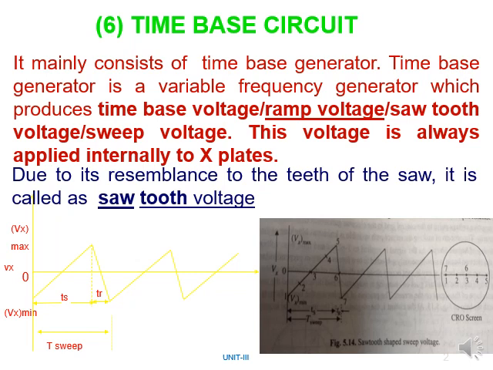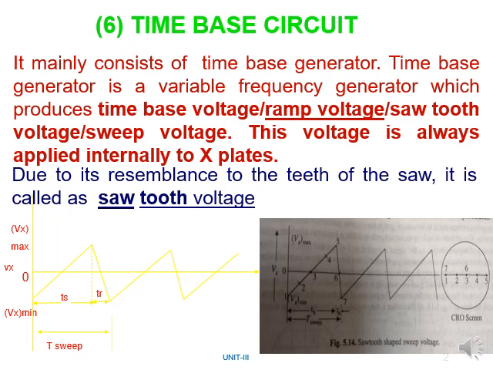Due to its resemblance to the teeth of a saw, it is known as sawtooth voltage. Its shape is as shown in the figure, and there are two parts in this sweep voltage or sawtooth voltage. Part 1, that is from 1 to 5, shows linear variation of the voltage with time, that is known as sweep time.